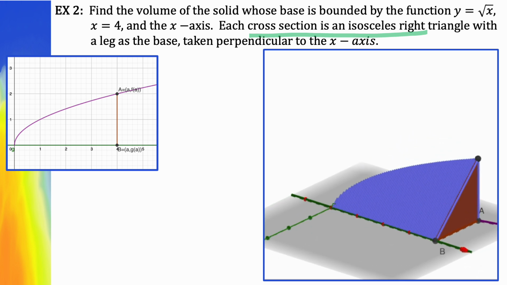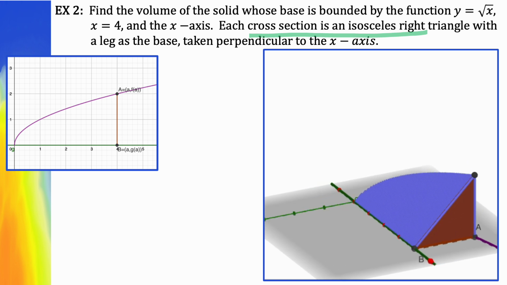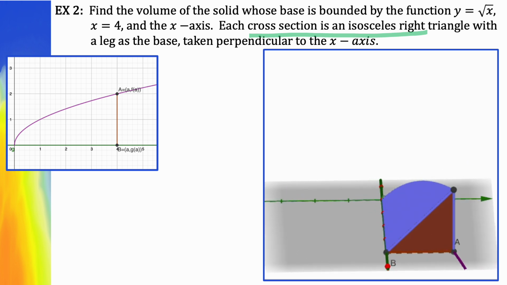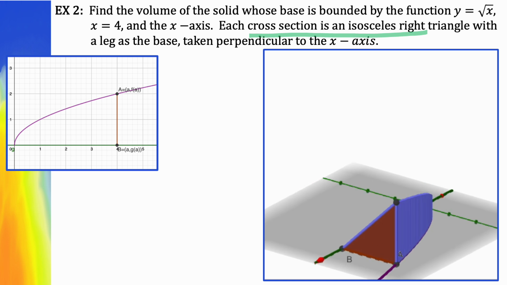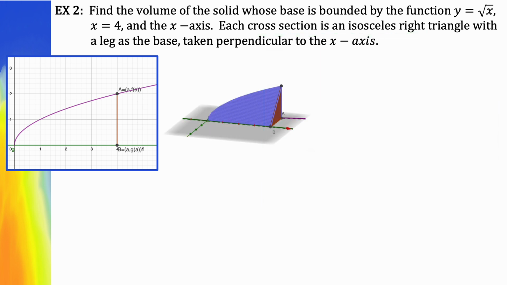So now we're going to find the volume of this one with triangles. An isosceles right triangle is the cross section. And again, if I draw the cross section on the two-dimensional space, that is the base of my isosceles right triangle, or the leg.